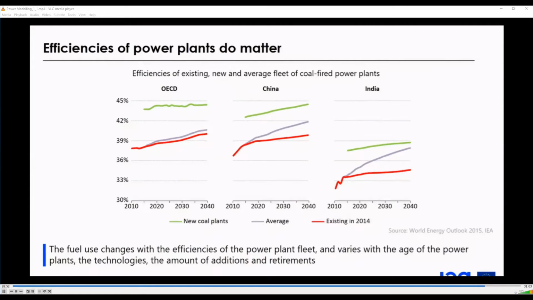In the OECD region, this evolution is really minimal, but as you can see in China and India, as demand is growing much faster, we have many more new plants coming in to meet that demand, and these new plants are generally more efficient, having a big impact on efficiencies in the park.